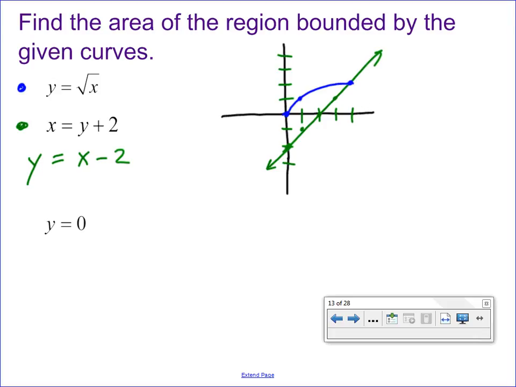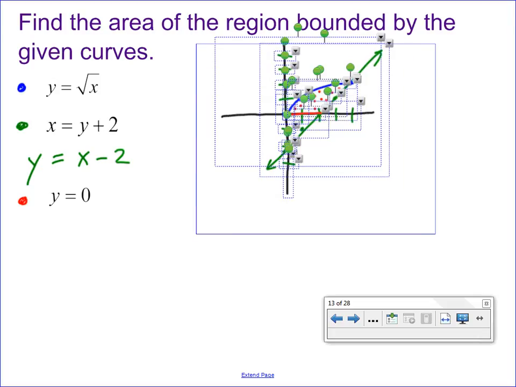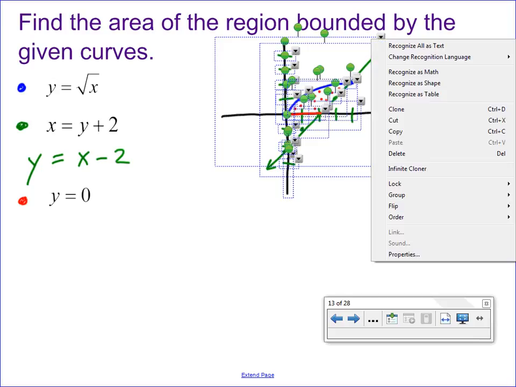And y equals 0 is down here. So everybody see our region? Pretty sweet. I'm now going to group it, make it bigger.